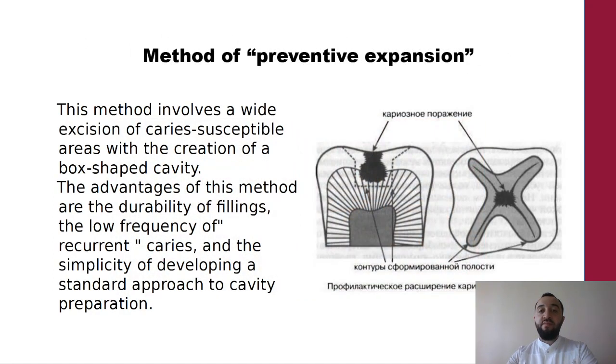Method of preventive expansion. This method involves a wide excision of caries susceptible areas with the creation of a box-shaped cavity. The advantages of this method are the durability of filling, the low frequency of recurrent caries, and the simplicity of developing a standard approach to cavity preparation.